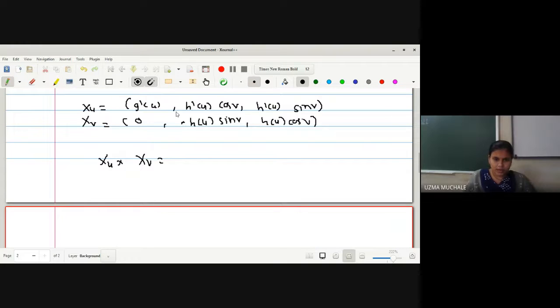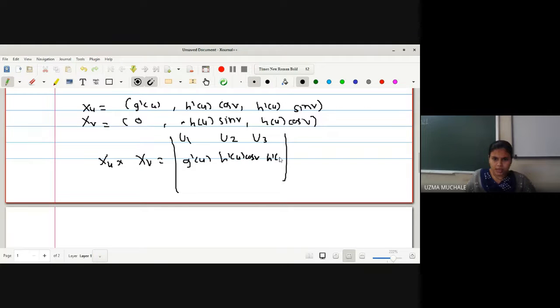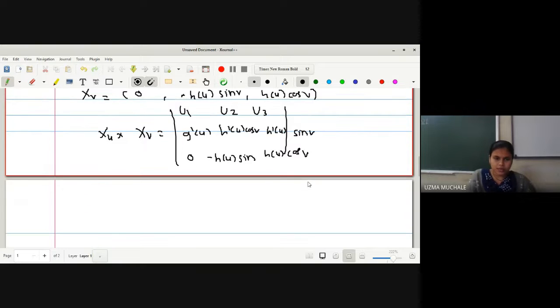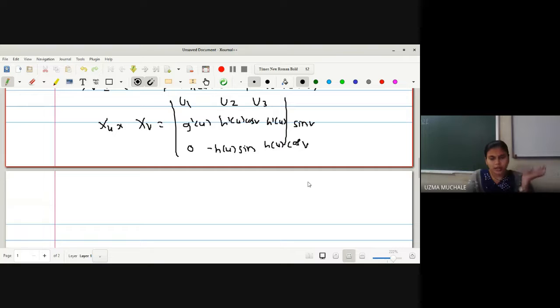Okay, so the first row is u1, u2, u3, and the second row is g dash of u, h dash of u cos v, and then h dash of u sin v. The third row is 0, minus h of u sin v and h of u cos v. Okay, so after doing the calculation, can you tell me whether xu cross xv is non-zero? Do the calculation and tell me whether xu cross xv is non-zero or not.